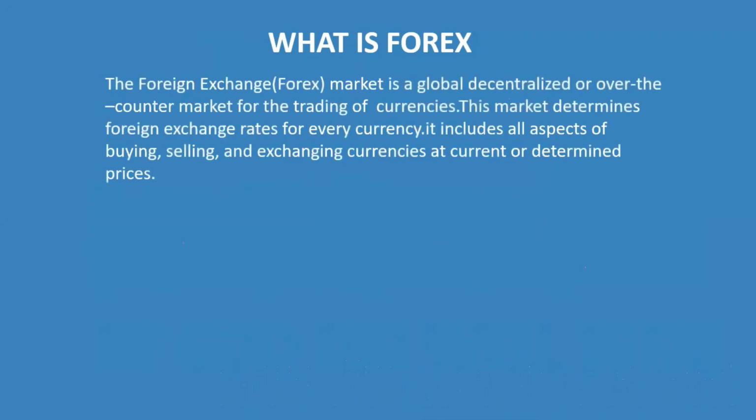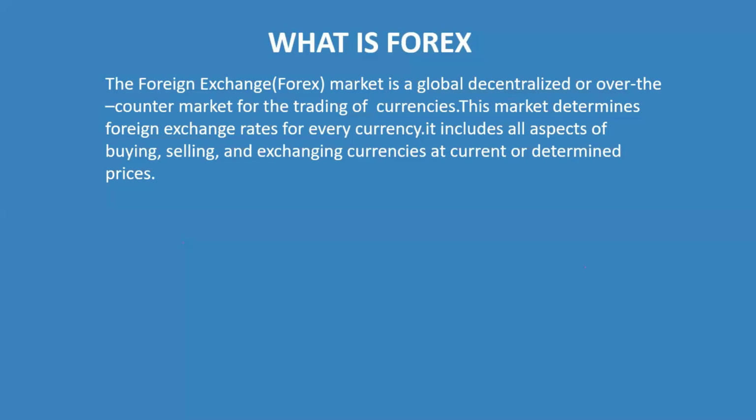So let's go to the definition. Forex is just an abbreviation. The full meaning is foreign exchange. So the Forex market is a global, decentralized, or over-the-counter market for the trading of currencies. Forex is simply a global market for the trading of currency.